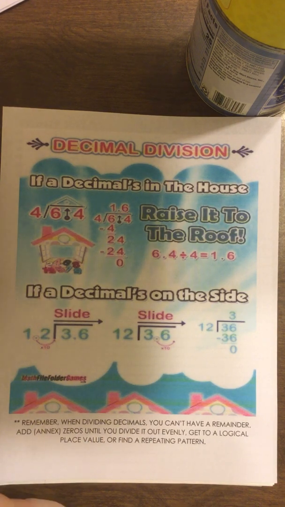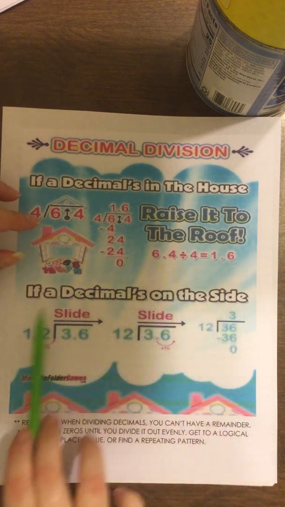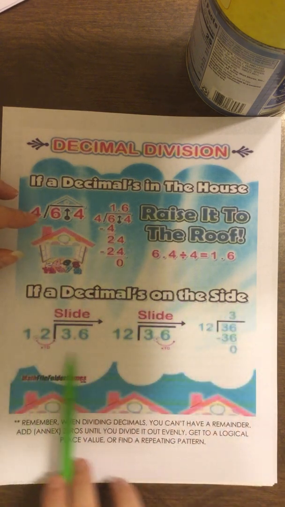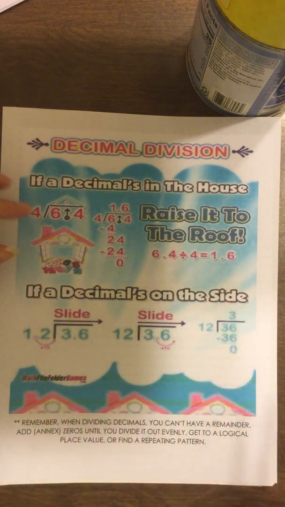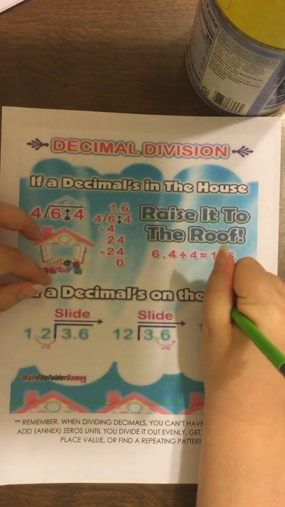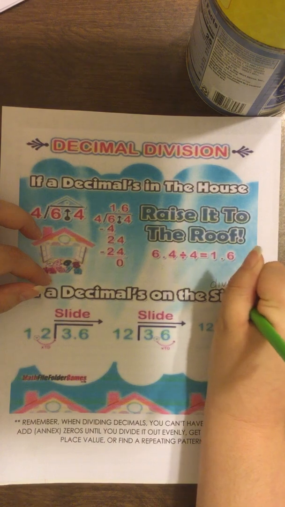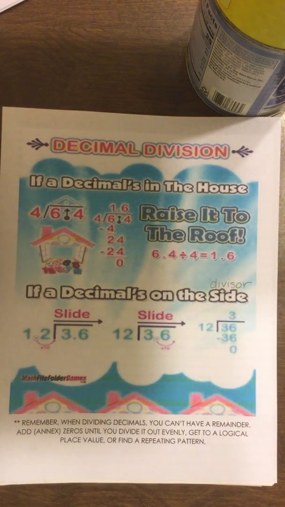Just like yesterday, we popped it up on the top and divided like normal. What I want to pay attention to right here is if there's a decimal on the side, and by side I mean divisor, you slide. And I'm going to show you what that means in a moment.